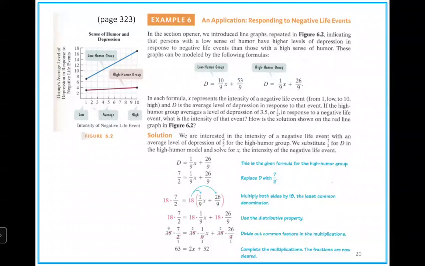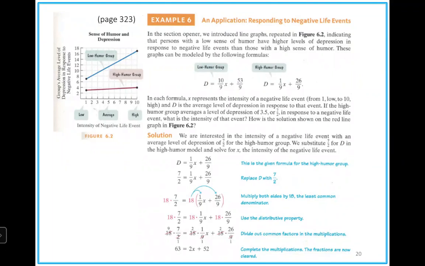So it says in the section opener, okay, we introduce line graphs, and the graph that they mention is repeated here, 6.2, indicating that persons with a low sense of humor have higher levels of depression in response to negative life events than those with a high sense of humor.